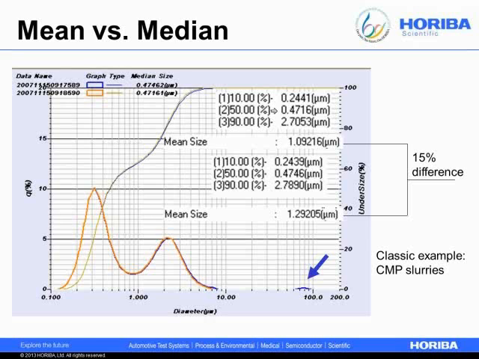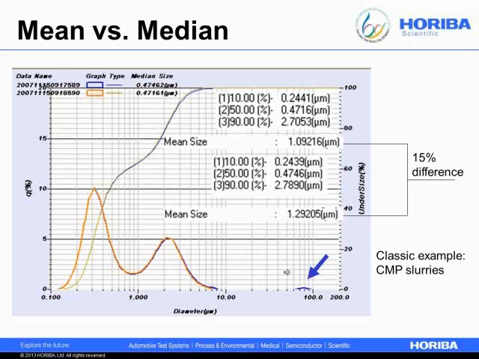Now that's not a big difference, 472 to 475. A 3 nanometer difference is within the instrument tolerance. But if we were to look at the mean, then all of a sudden we see a very big difference. The mean size for the first one was 1.09 microns, and the mean size for the second lot is 1.29 microns. So now we're talking about, instead of a 3 nanometer difference on the median, a 200 nanometer difference on the mean.